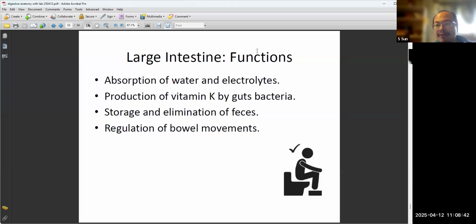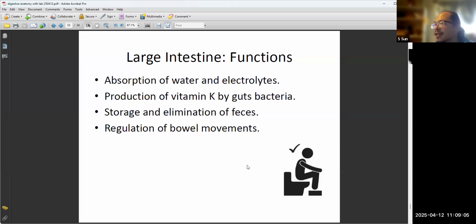So we like to have good bacteria in our guts instead of bad bacteria. It stores and works on the bowel movement to poop these feces out.